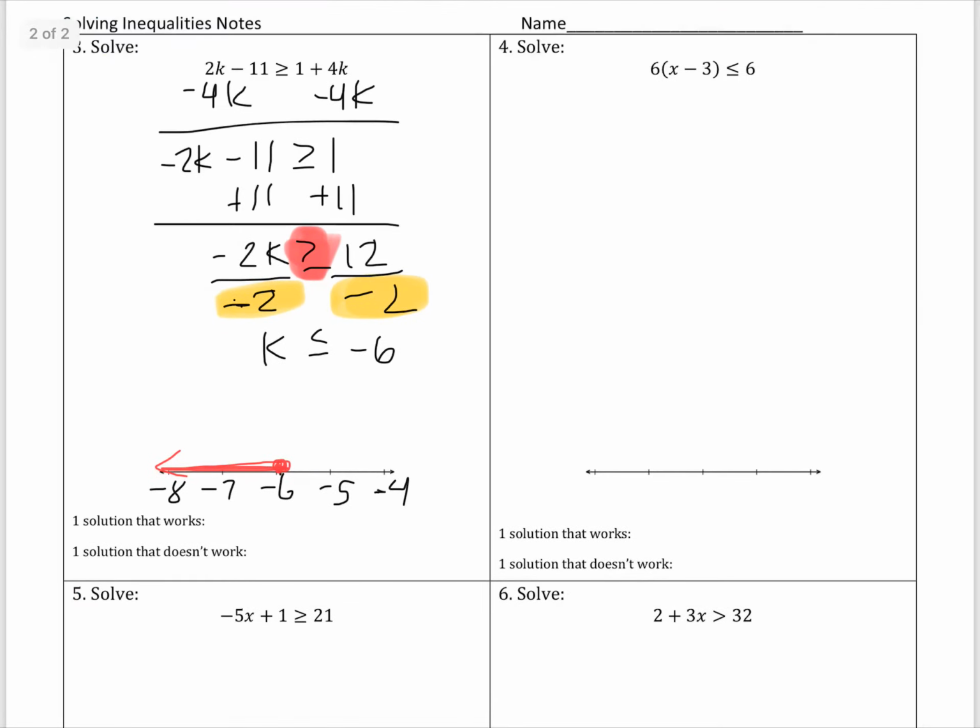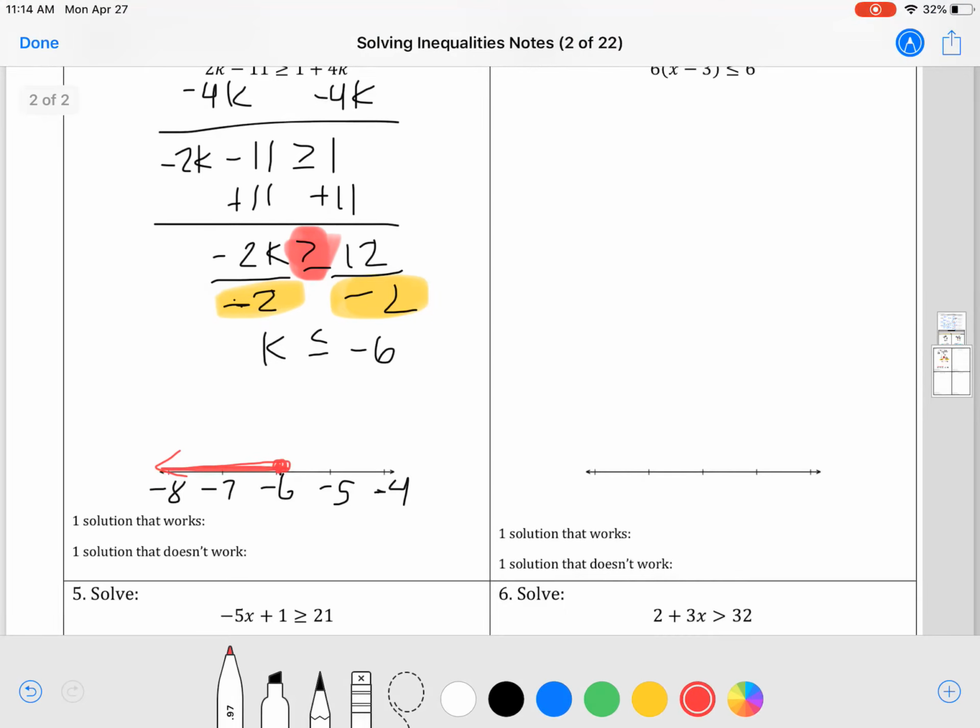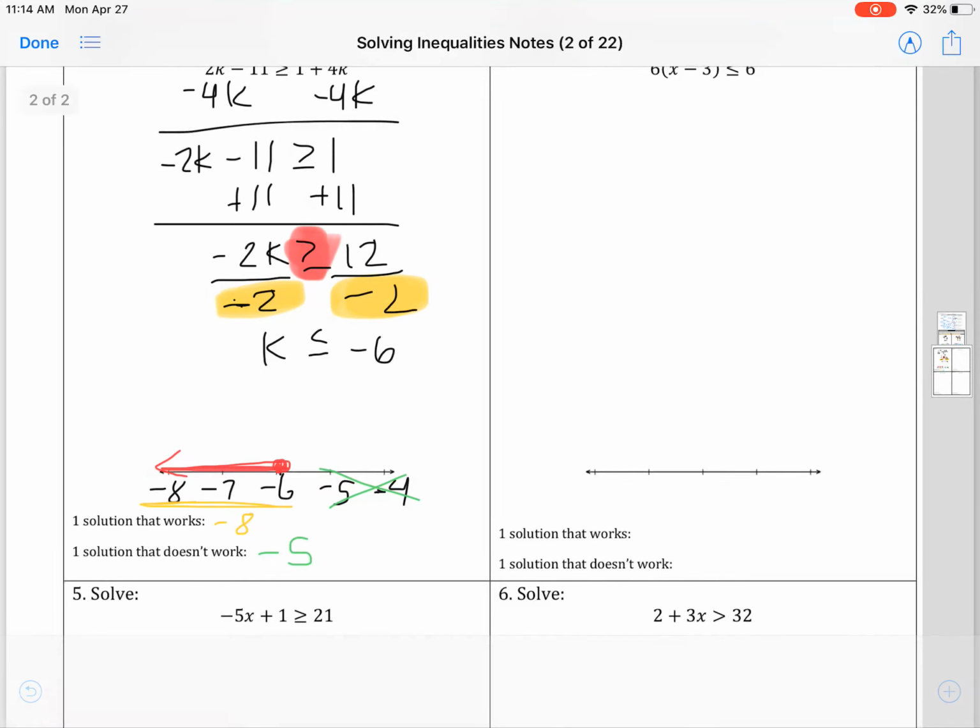A number that works would be something on that left side, right? Any of those numbers with the red, so like negative 8. A number that doesn't work would be like anything over here, like a negative 5. Okay, so my hint for you is just you gotta be real careful.